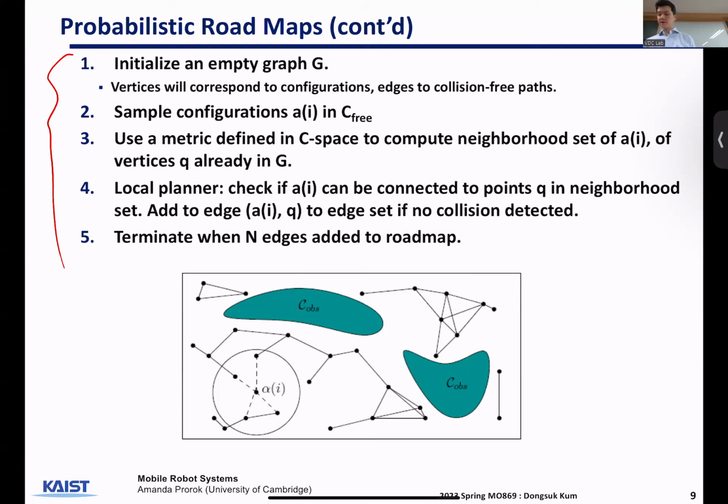Use a metric defined in C-space to compute the neighborhood set of αi, or a set of vertices Q already in G. With the local planner, check if αi can be connected to points in Q, the neighborhood set, and add to the edge set if no collision is detected. Terminate when enough edges are added to the roadmap.